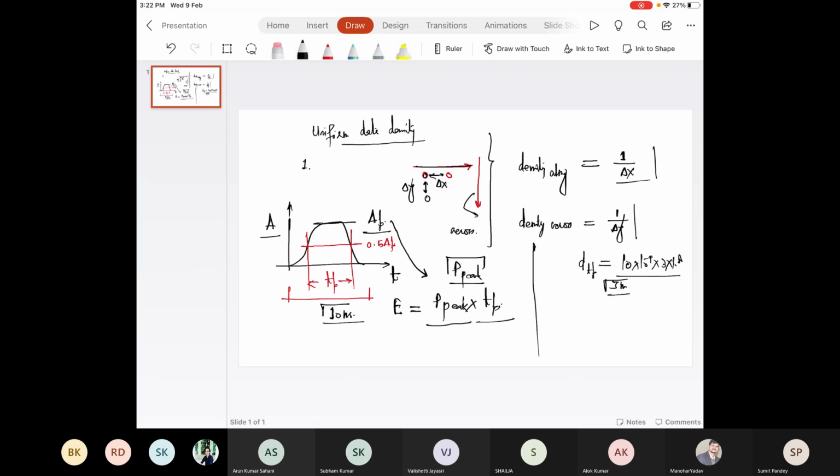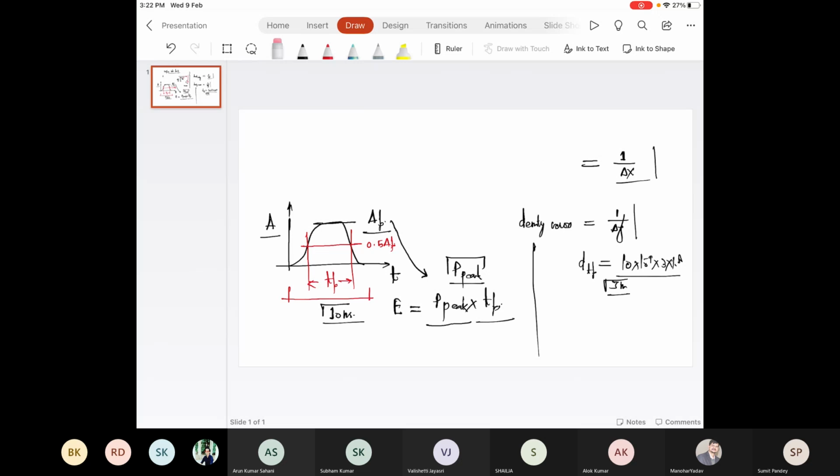One more parameter we define over here: these various laser pulses are generated at a particular rate.